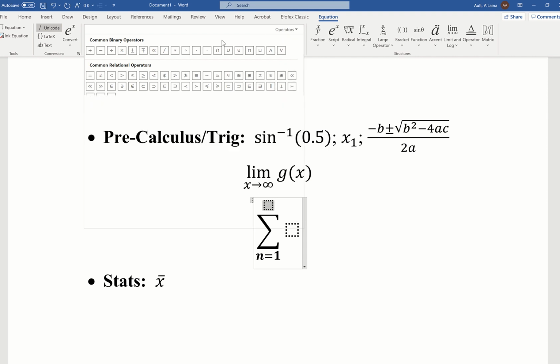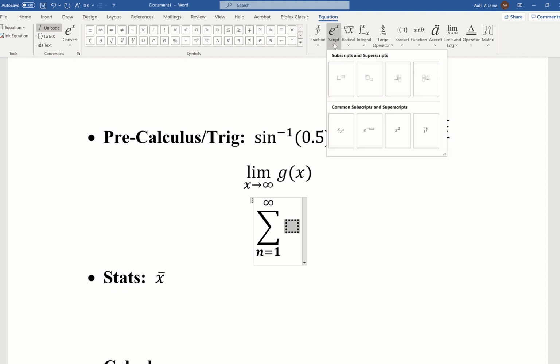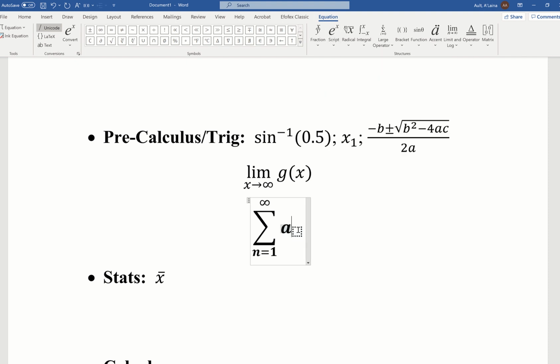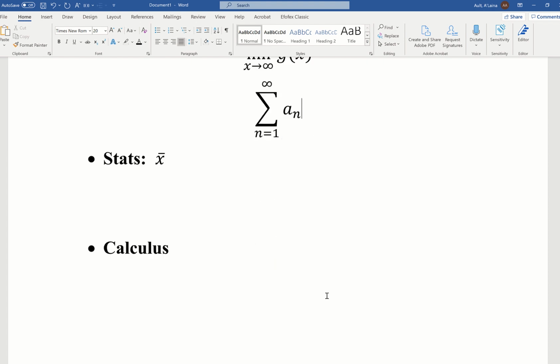You can get pretty familiar with these as you go, which is kind of nice. And again, I just can't have everything in bold because that's how I set up this document. You could also choose to have these limits written sideways if you'd rather.